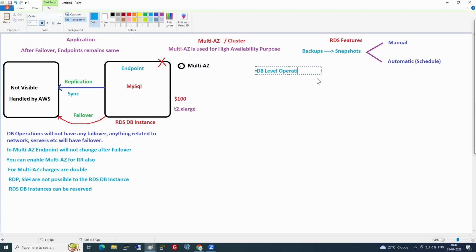DB level operations, that means creating tables, stored procedures, backups, scripts, functions, security, etc., are handled by the customer.